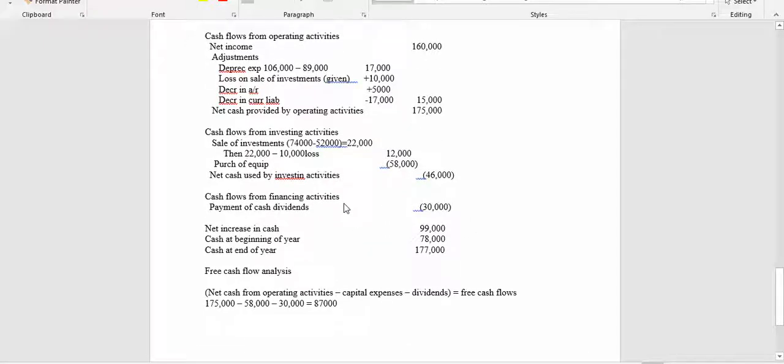Financing activities are typically positive because usually you're getting cash from people investing in your business or people that have loaned you money. So if you go to a bank, they give you a loan, it shows up here. If you sell your company's stock in an IPO, an initial public offering, or you get investors to invest in your business, it would show up here as positive cash coming in.